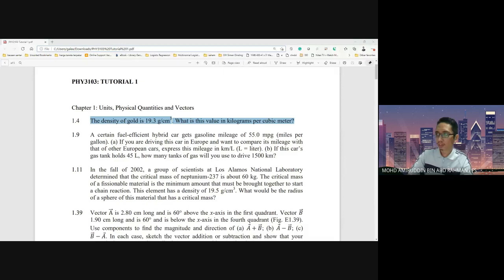A, if you are driving this car in Europe and want to compare its mileage with that of other European cars, express this mileage in km per liter. Basically, it is similar to question number 1.4. So now you need to convert from miles to kilometer and gallon to liter.